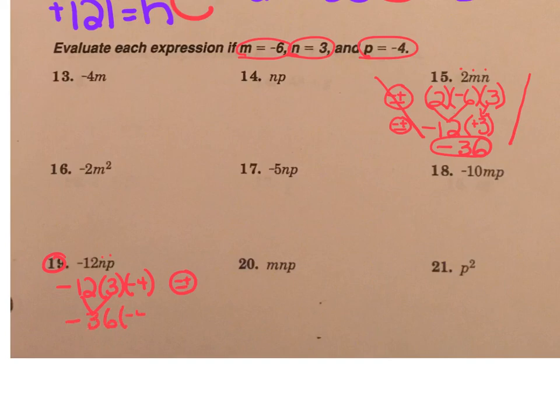And we can only multiply two numbers at a time. Bring down the negative 4 and work with it next. We see a negative times a negative will give us a positive result. 36 times 4 is 144, a positive 144.